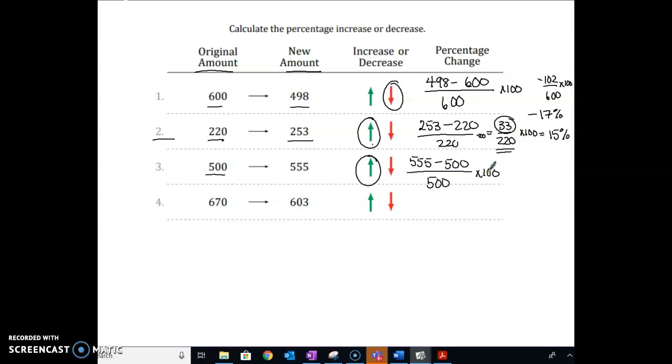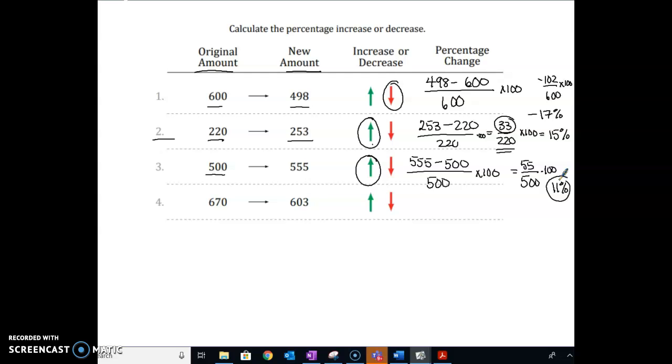You're going to put 55 on your calculator divided by 500 and then times it by 100 to make it a percentage, and you're going to see it's an 11% increase.